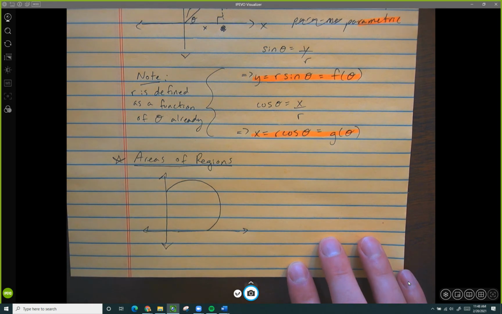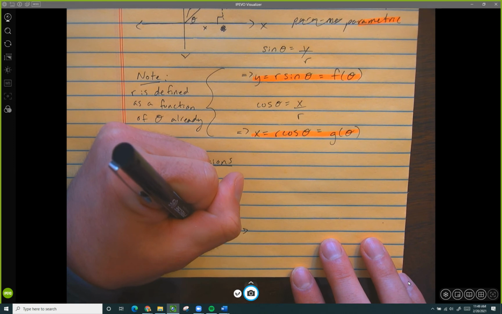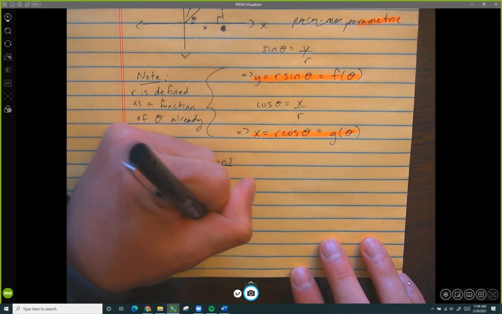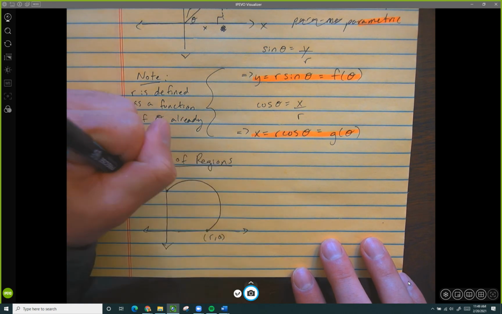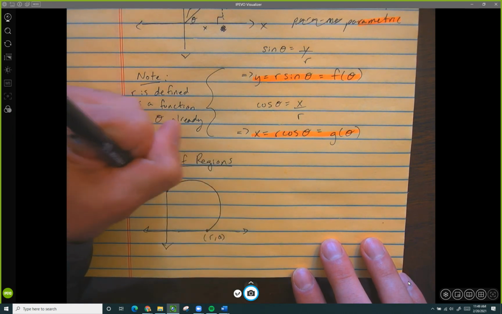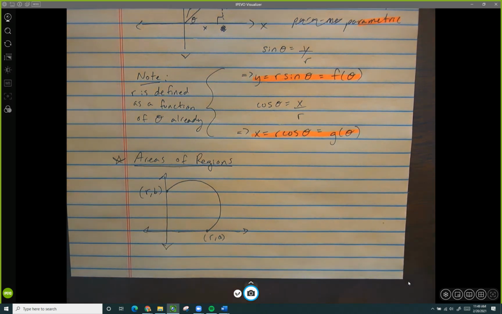Let's imagine it starts here at r comma 0, and then it ends here, and we'll call it A, and it ends here at r comma B. Of course this A is 0 and this B is pi over 2, but let's just make it arbitrary.